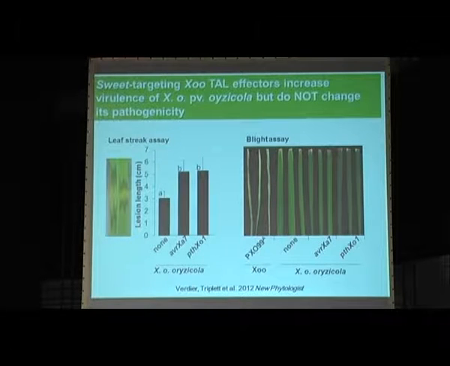But we could not engineer with these TAL effectors the bacterial leaf streak pathogen to cause bacterial blight symptoms. So in other words, we couldn't change its pathogenicity profile. We could make it more virulent in its own environment, but we couldn't turn it into a Xanthomonas oryzae.